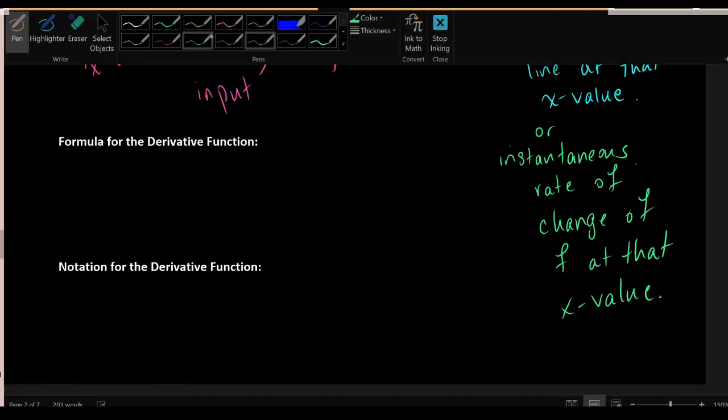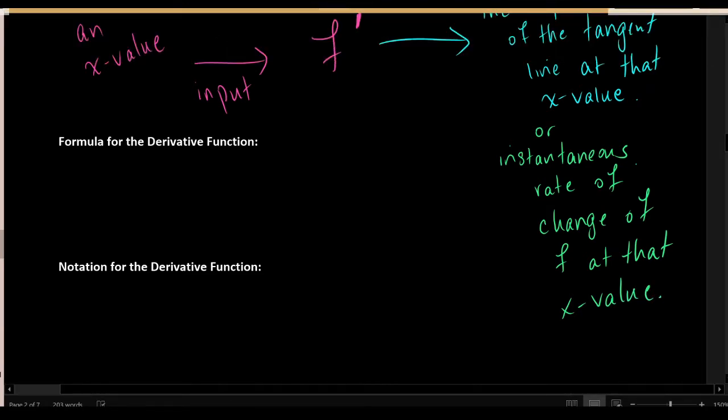Now, when we wanted to find the derivative of a function at a specific location, we had this formula, the limit as h approaches 0, f of a plus h minus f of a divided by h.